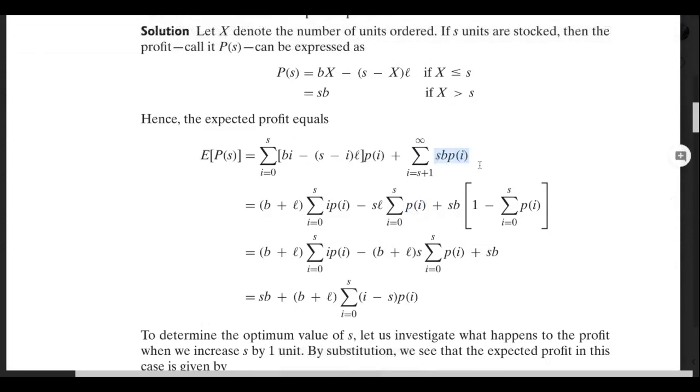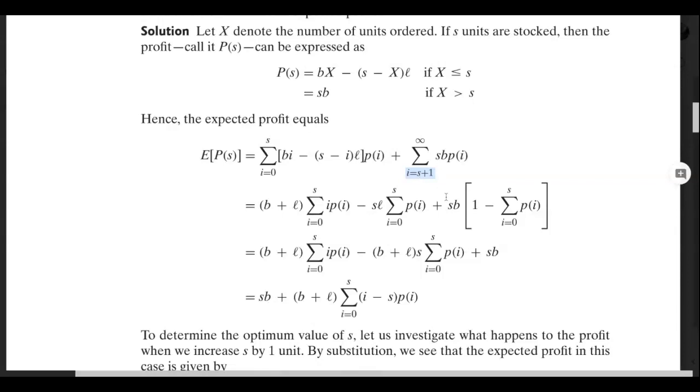Then this one, SB can be factored out. SB can be factored out outside the summation sign. And since this I starts from S plus 1, right? So the store stocked S many, now S plus 1. So not in the ones not in the stock being sold.